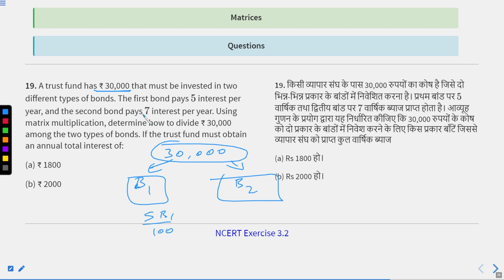And the second bond pays 7%. This means whatever the money in this bond, say B2, 7% of B2 will be this much, per year.